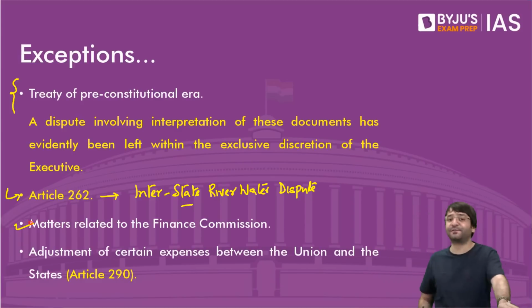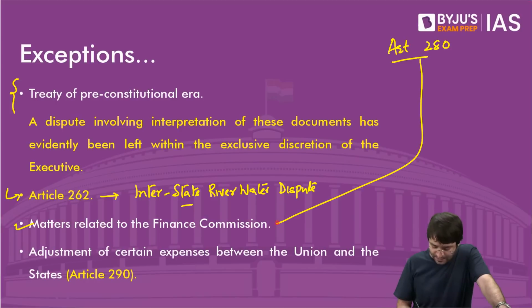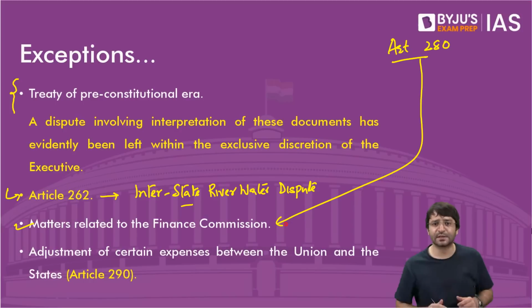Matters related to the Finance Commission. Under Article 280 of the Constitution, every 5 years, a Finance Commission is set up by the President of India. The principal job of this Finance Commission is that we have a divisible pool of taxes.